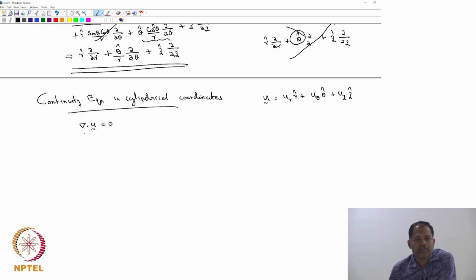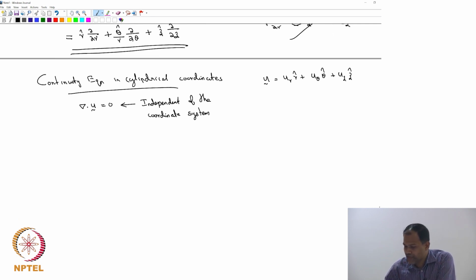So, that is the advantage of writing these equations in this particular form. In this form, it is independent of the coordinate system. So, we can now use our expression for divergence and u in cylindrical coordinate system.